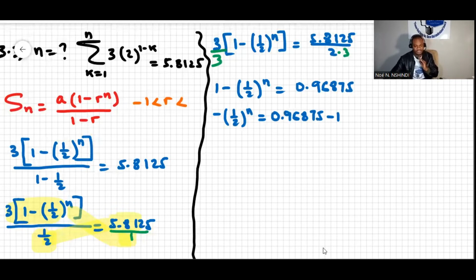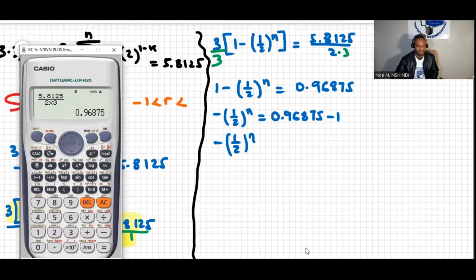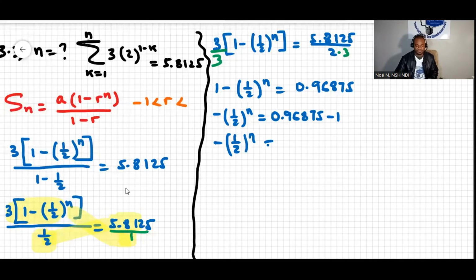This will be negative a half to the power of n equal to negative 1 over 32.